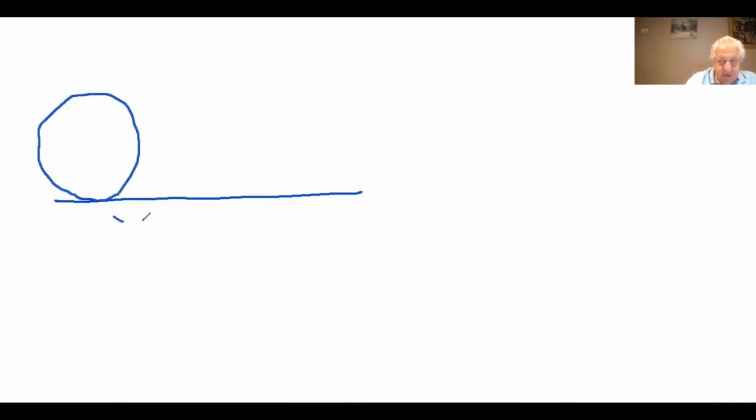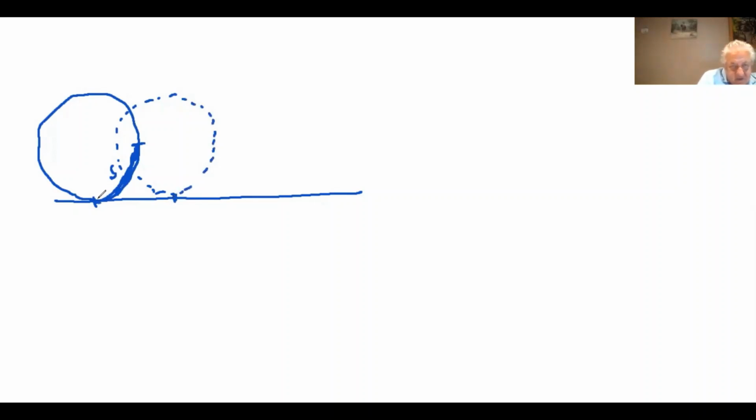Not too great, but a bit better. This rotates. Let me look at this arc length here. Let me call this distance S. As this rolls, this is going to move to position here.